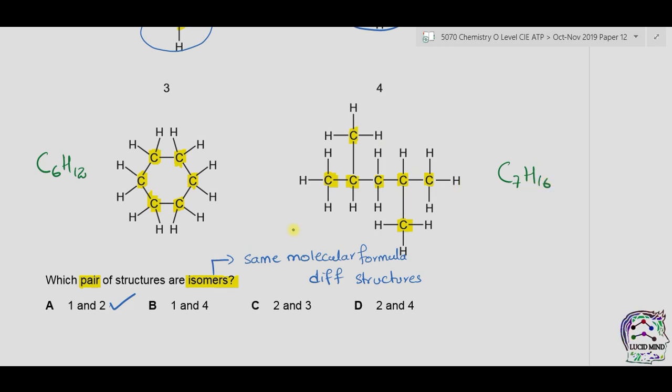So 1 and 4 are not isomers because the number of carbon atoms in 4 is greater and also the number of hydrogen atoms is more. Similarly 2 and 3 are not isomers because in 2 the molecular formula is C6H14 while in 3 it is C6H12. In D we can see that 2 and 4 are not isomers because the molecular formula is different. The only isomers are 1 and 2, therefore the answer is A.